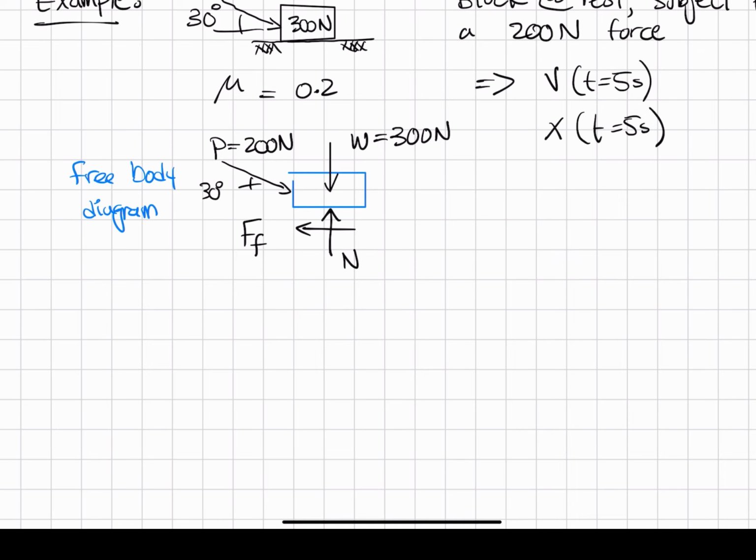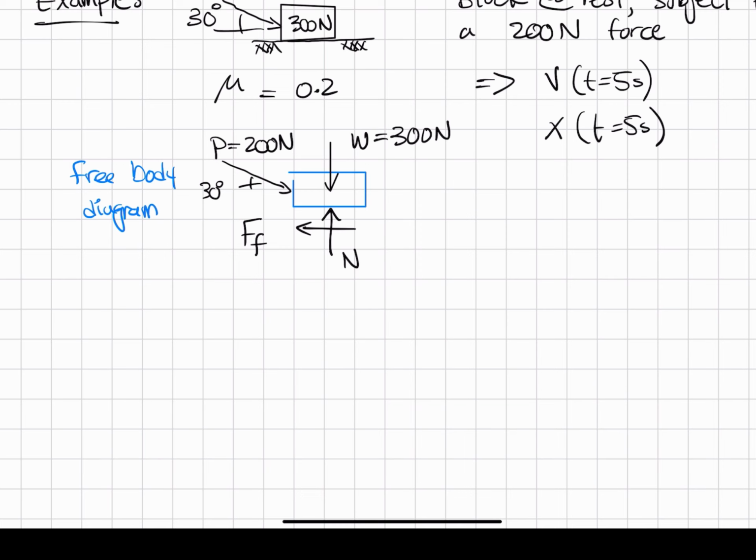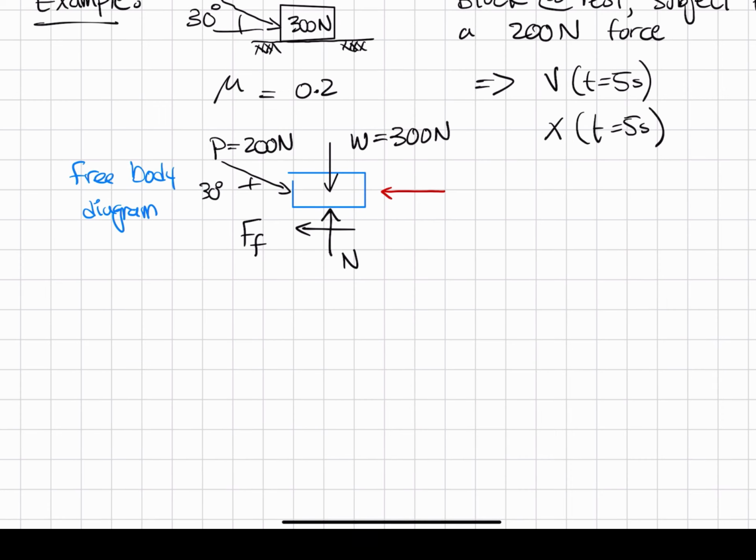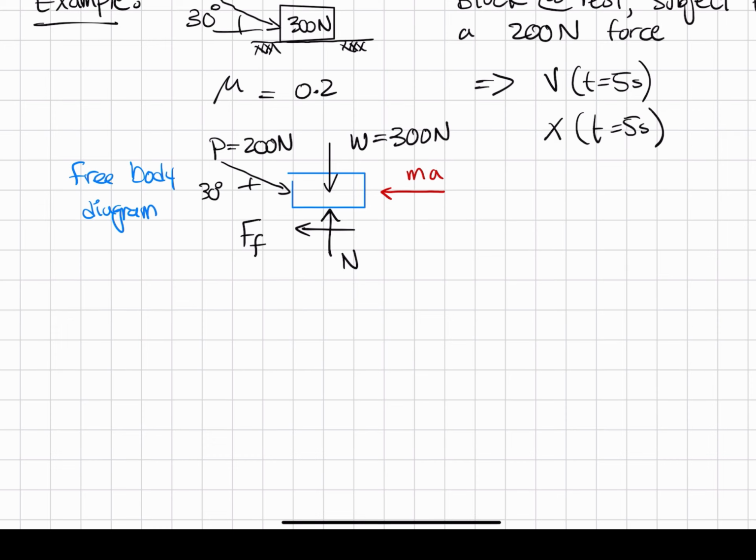Well, that's what we need to be looking at. If my mass is going to be pushed to the right and my mass wants to stay where it originally was, then there is going to be acceleration experienced going left. So there's a mass times acceleration going to the left.